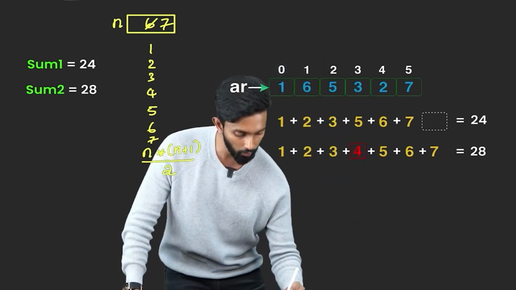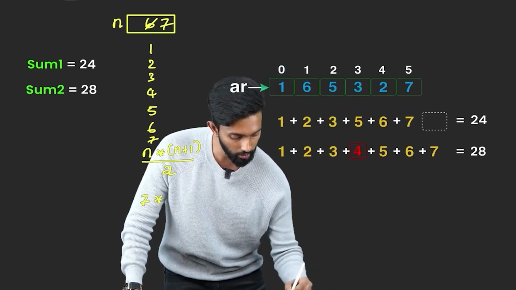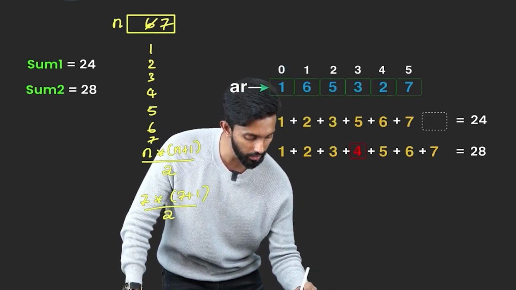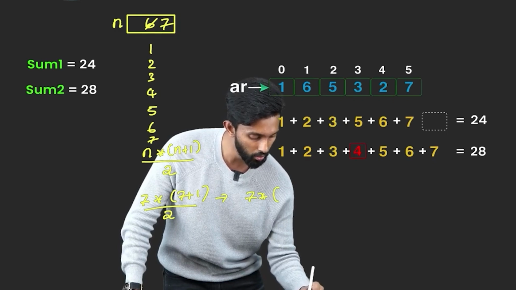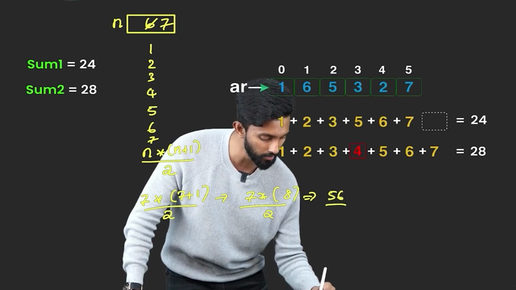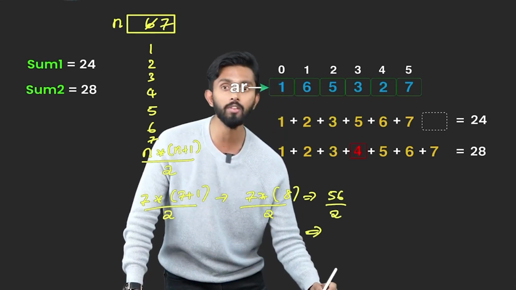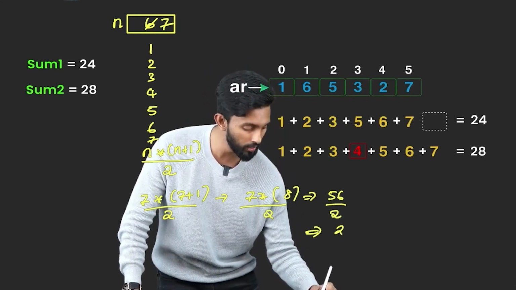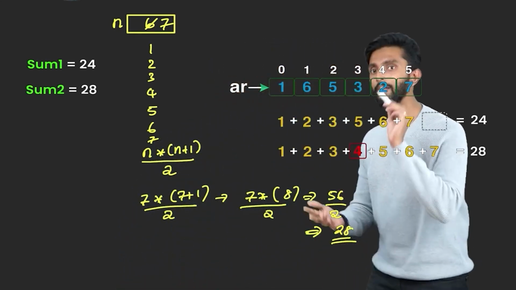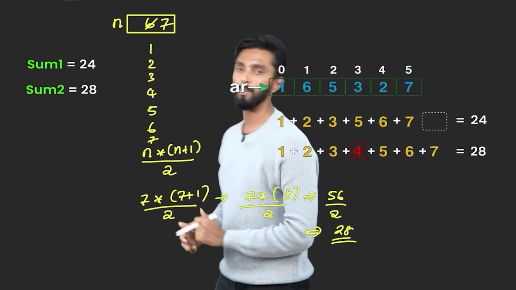Now, if I apply the formula, 7 into 7 plus 1 divided by 2, which is nothing but 7 into 8 divided by 2, which is 56 divided by 2, and 56 divided by 2 is how much? 28. I think everybody would agree with me.